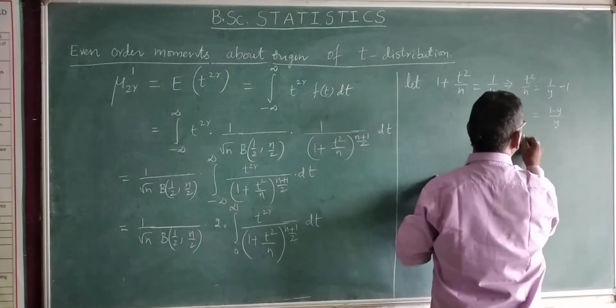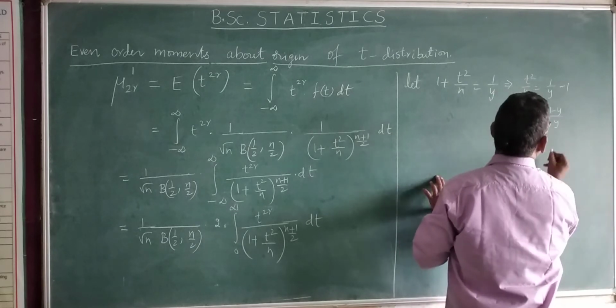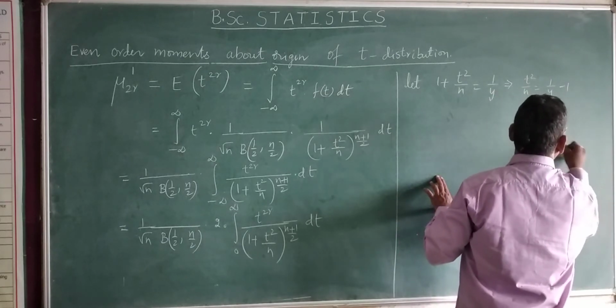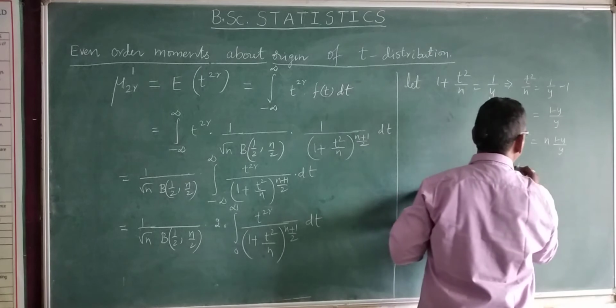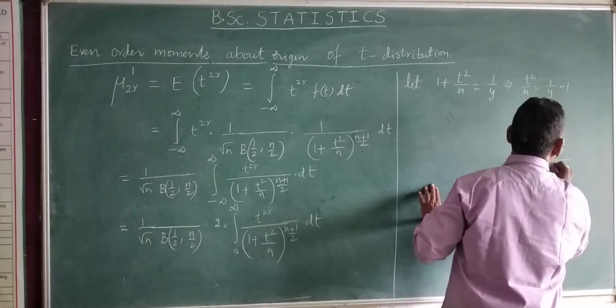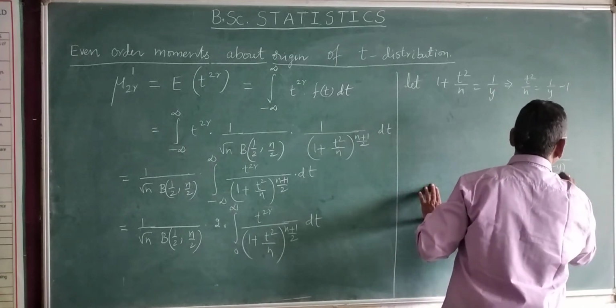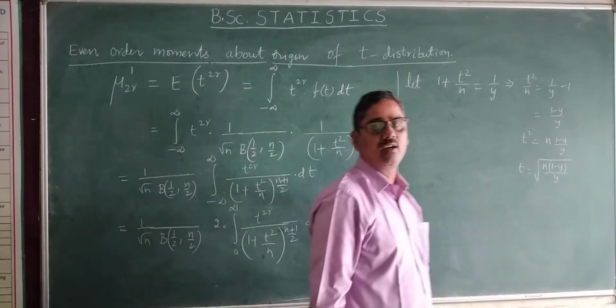Therefore t square is equal to n into 1 minus y by y, so t is the square root of n into 1 minus y by y. This is the value of t I have calculated.